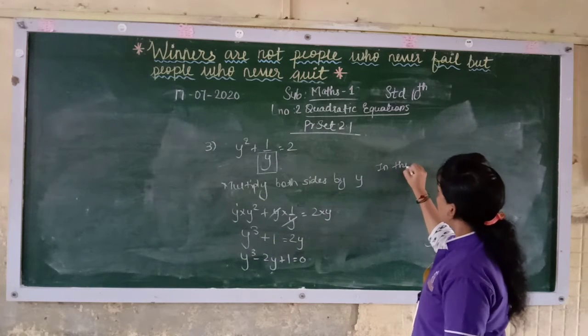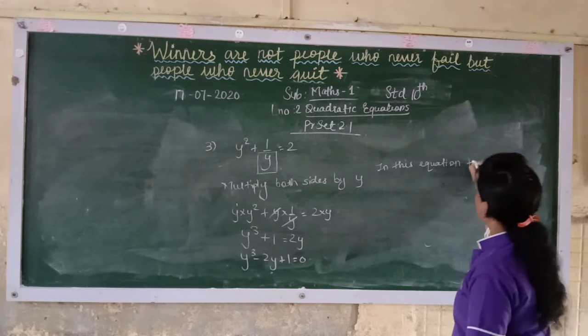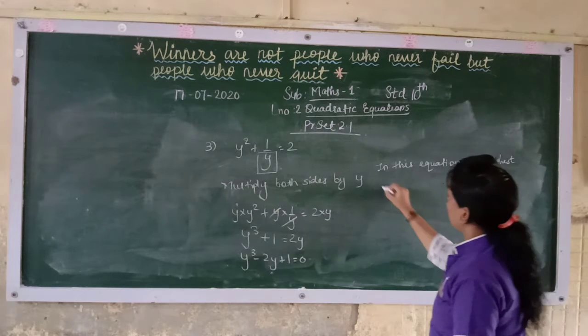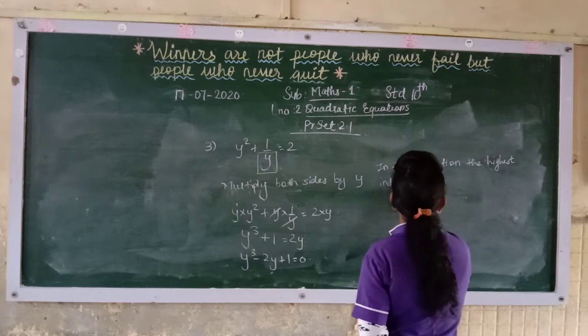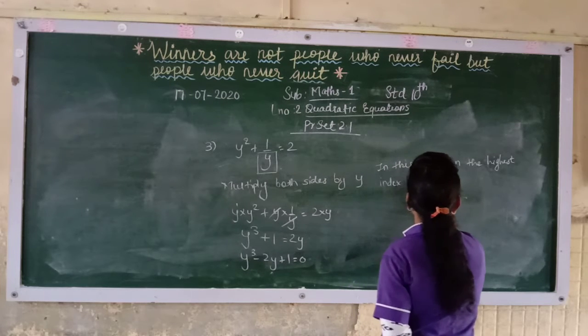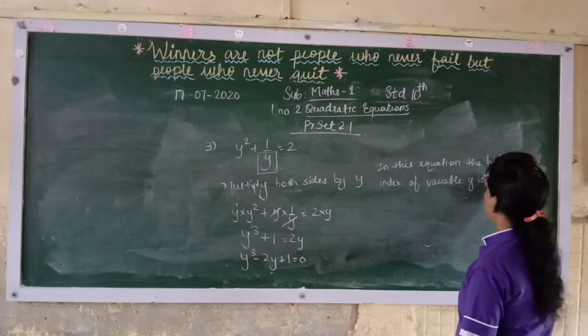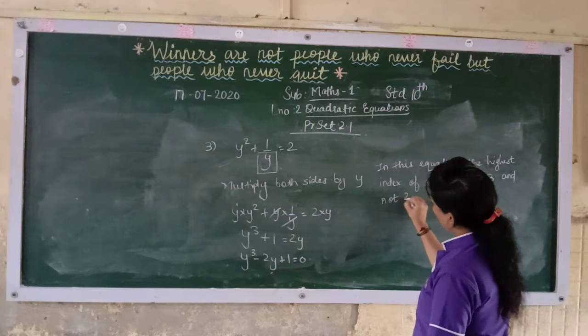So in this equation, the highest index of variable y is 3 and not 2.